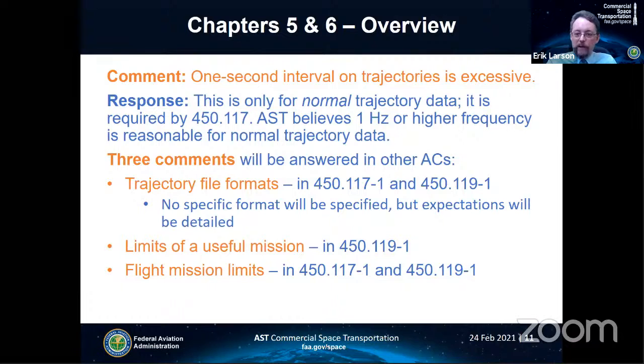We want to give flexibility to operators to be able to develop that, and AST has tools to be able to ingest different formats subject to certain conditions. There's also a number of questions on limits of useful mission and the flight mission limits, and those will both be covered in those two trajectory ACs, the normal flight trajectory and the malfunction flight trajectory. So let's move on to the next slide.